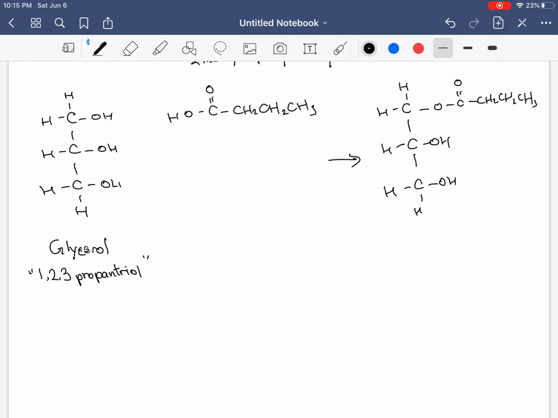Now, the thing is, how are you going to name this? You guys can pause this and give it a try, but I'm just going to quickly name it for you. So you can see that this is your ester oxygen. Therefore this is going to be carbon 1, 2, 3. This is going to be 1, 2, 3, 4. So what you have right here is a very crazy situation because of the alcohol.